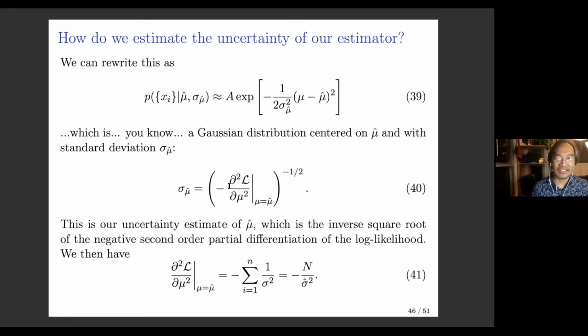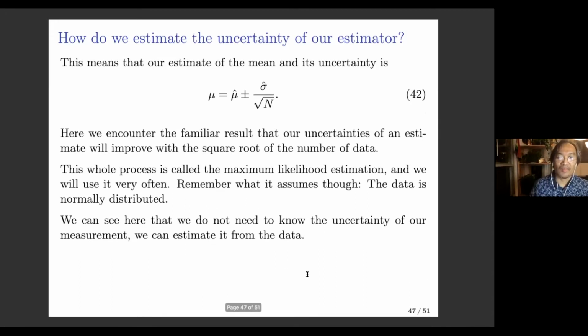So it's actually the second derivative, but you have to make it negative, then take the inverse square root. If you calculate it, it's going to be like this. It's just the sample standard deviation that we already calculated, divided by the square root of the number of data points. That's why whenever you want to estimate a quantity, you take the mean, calculate the standard deviation, and divide it by the square root of the number of data you have. That's the accuracy of our estimation here.